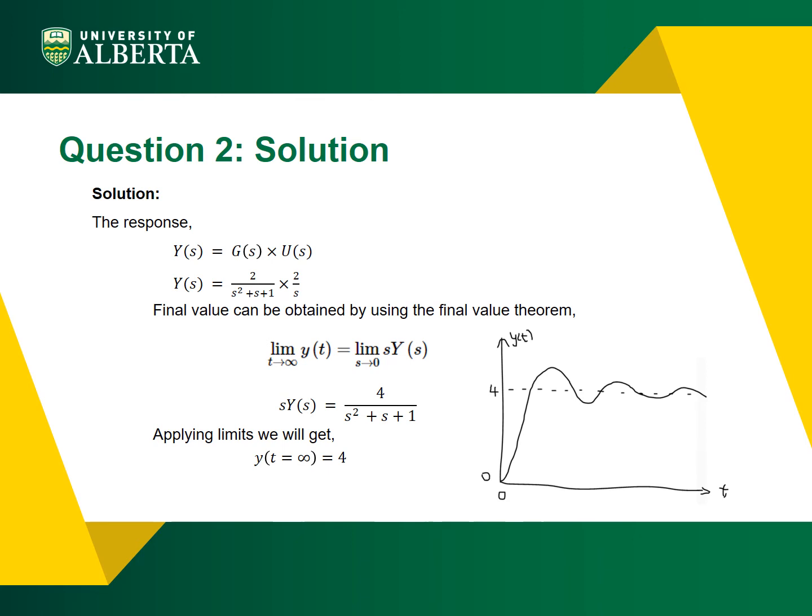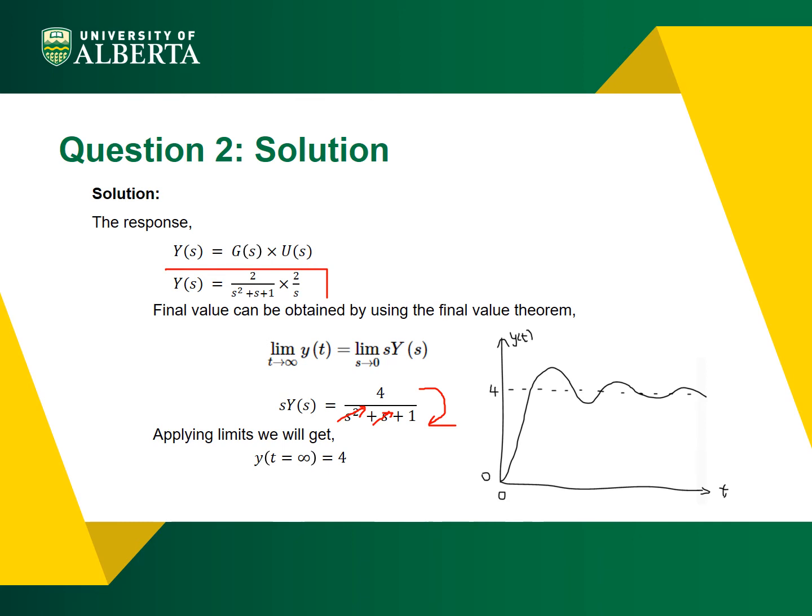So we have the equation from the previous step, and s into y of s would be equal to 4 by s square plus s plus 1. If we substitute s tends to 0, this s square term becomes 0, and this s term becomes 0. So we have 4 as the final value.